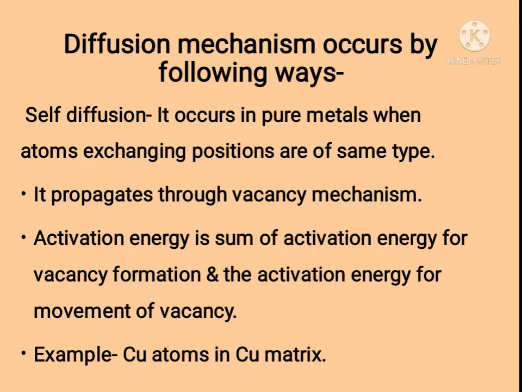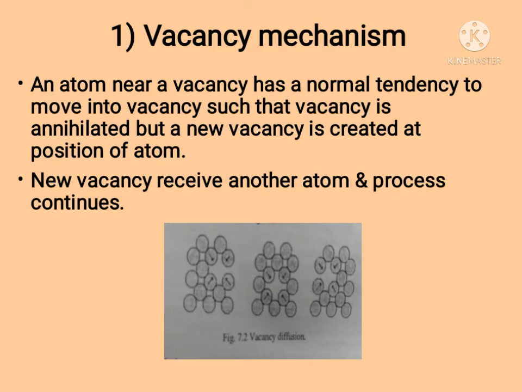Or self-diffusion is the transition of a thermally excited atom from a site of the crystal lattice to an adjacent site or interstice. Example: diffusion of copper atoms in a copper matrix. The self-diffusion process propagates through the vacancy mechanism.